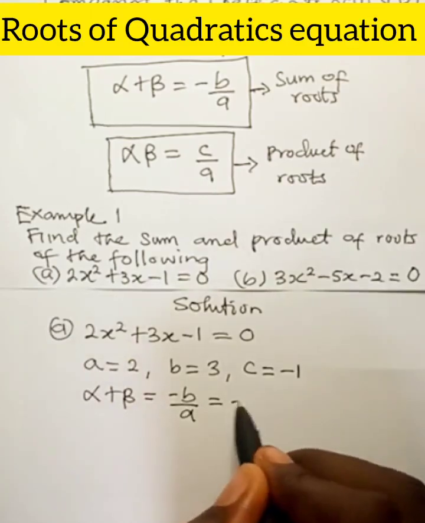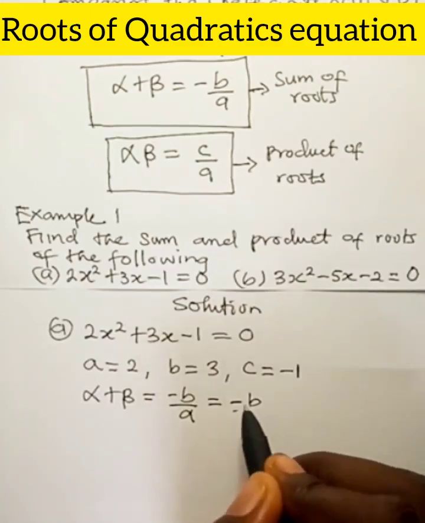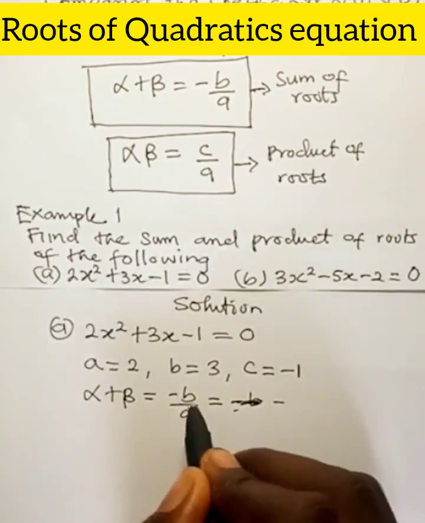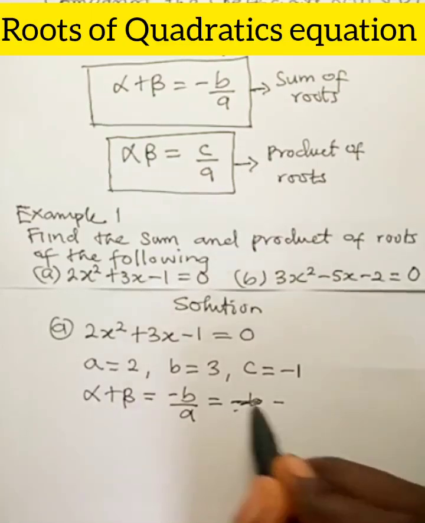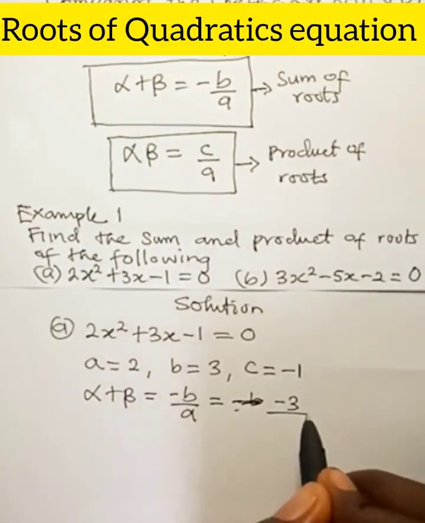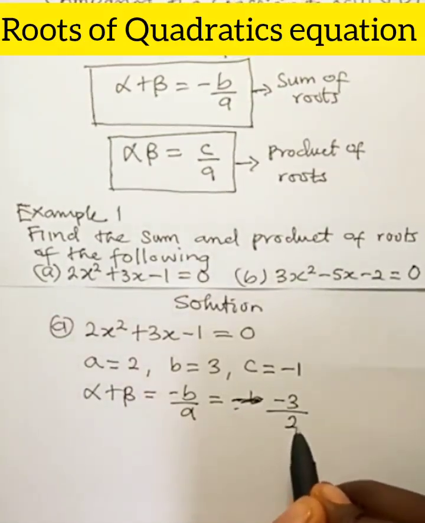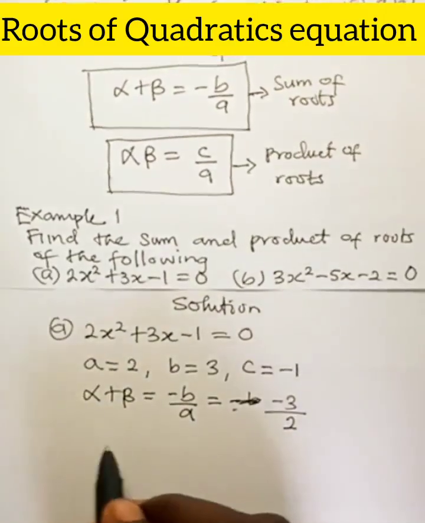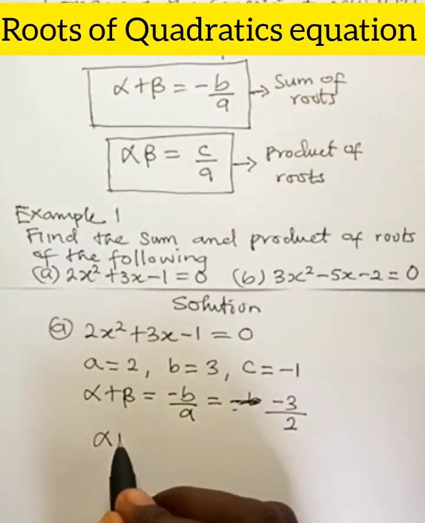First of all, we keep our negative sign: minus, then b is 3, over a, which is 2.